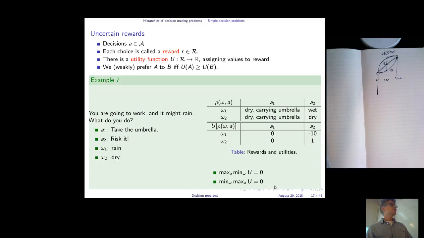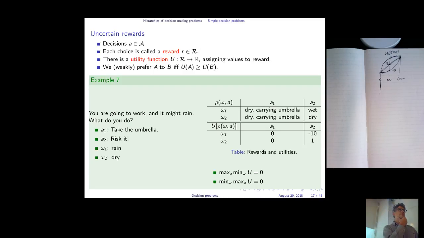And this is the utility of the game if we select whether or not we want to take the umbrella first, and then Thor chooses whether or not to rain on us. In this case they have the same value, but in general they must have a different value. And the problem with this formulation is that you don't really want to be either minimax or maximin. You don't want to be either very pessimistic or very optimistic. You would like to have some way of expressing your uncertainty more exactly.